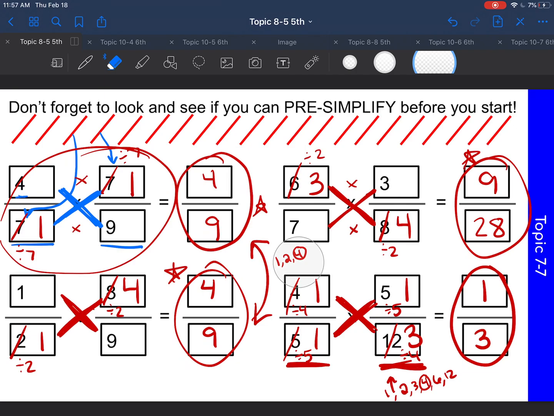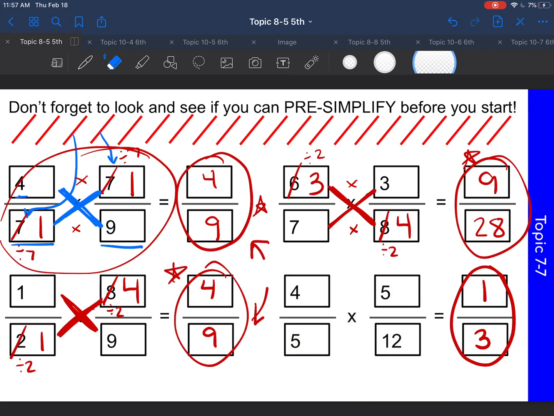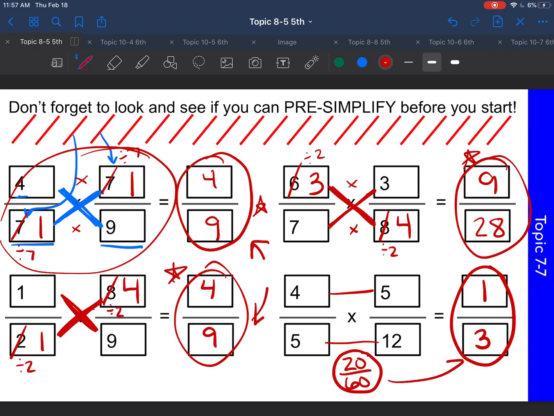All right? Now, for that example, let's say you didn't want to pre-simplify. Okay? And you just did 4 times 5 and 5 times 12. You would have gotten 20/60, which is fine, but you would have to simplify 20/60 to end up getting 1/3. So by pre-simplifying, once you get your final answer, if you did the pre-simplification correctly, you will not have to simplify any further.